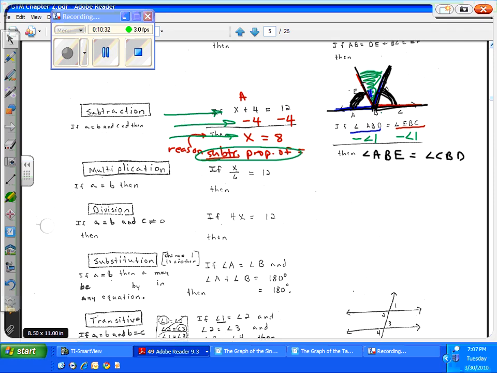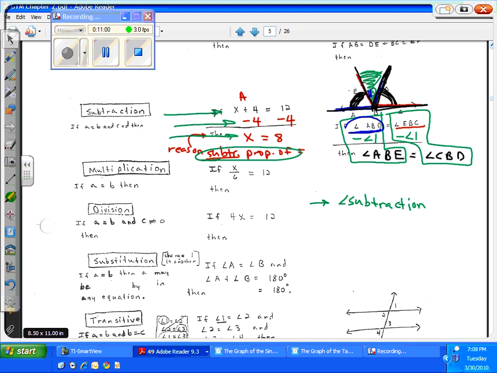Now, what tells me that this angle ABD minus angle 1 is equal to angle ABE is called angle subtraction. What tells me that this big angle EBC minus angle 1 is equal to this little angle is angle subtraction.